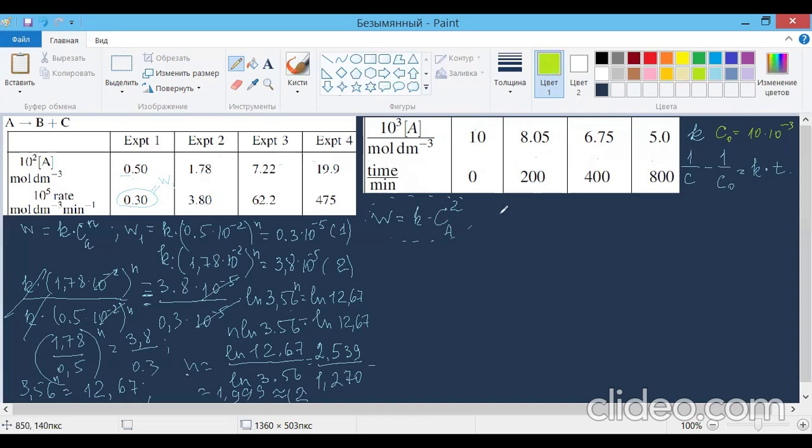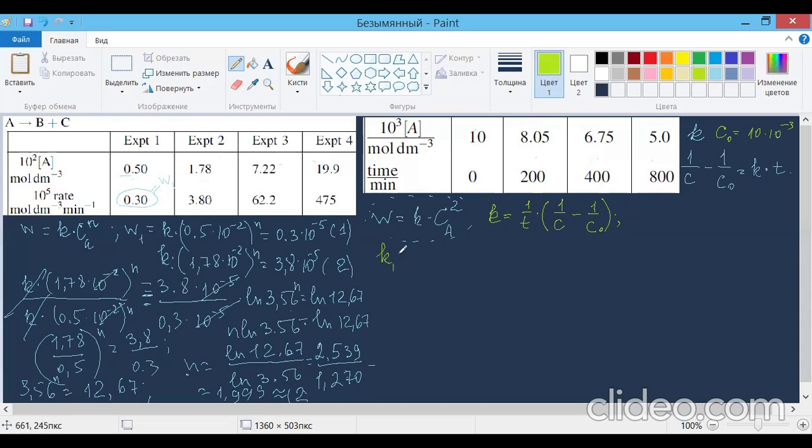From this equation, we can write that k is equal to 1 over t times, in the brackets, this algebraic sum. Let's plug these values into this formula.